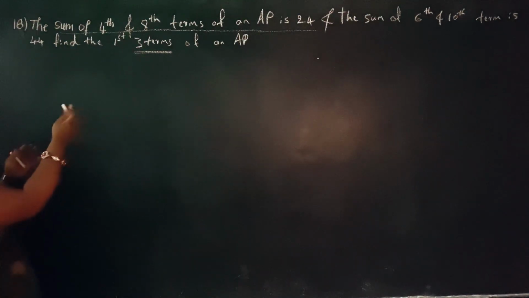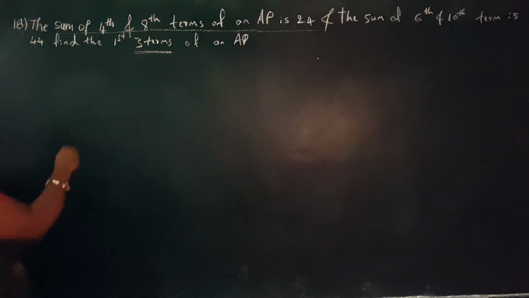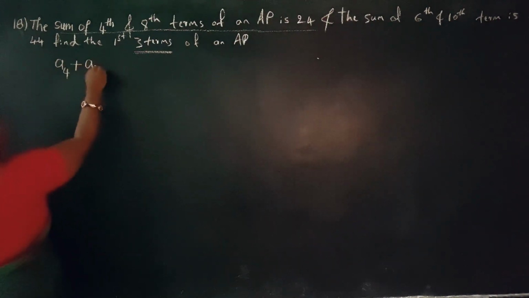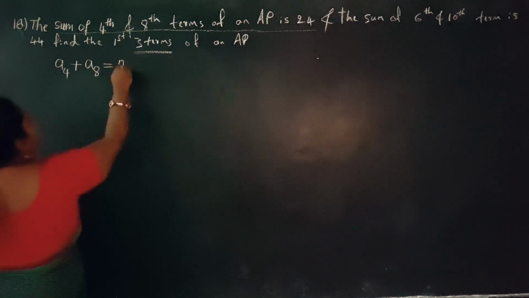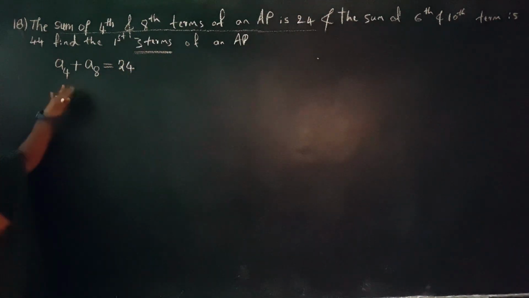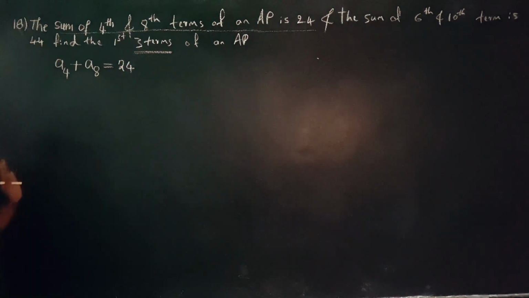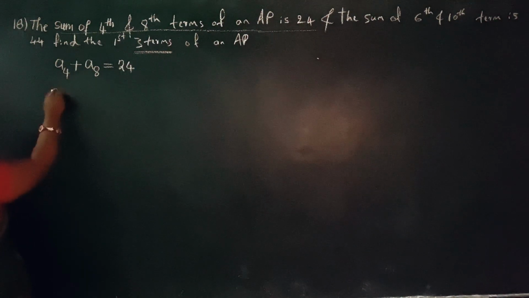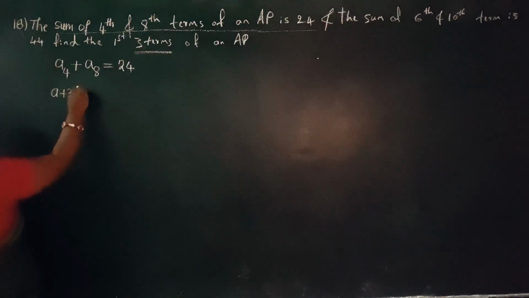How can I write the statement in the form of an equation? You just see here, sum of 4th and 8th term of an AP is 24. This is the equation form of that statement. Understanding? Now, dear, I'll first simplify and then I'll take the second hint. Okay, how can I write the 4th term, dear? The 4th term can be written as A plus 3D.